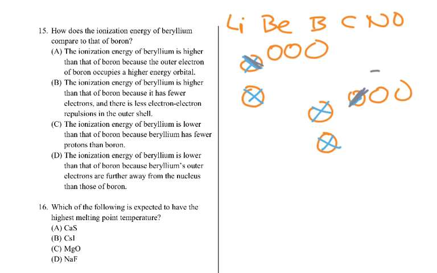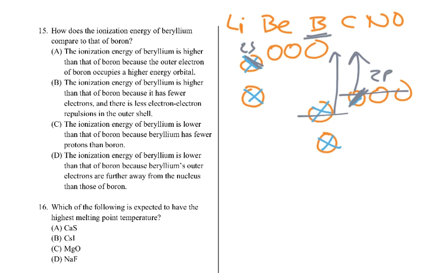What's different is this one is coming from a 2p orbital, and this is coming from a 2s orbital. So it's going to turn out that boron, even though it has more protons and you would think it'd be harder to pull off its electron, it's not, because it's coming from a higher energy orbital, the 2p versus the 2s. Because it's coming from a higher energy orbital, it takes a little less energy to remove that electron.